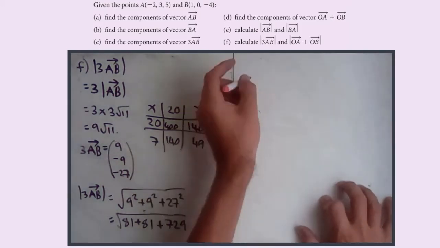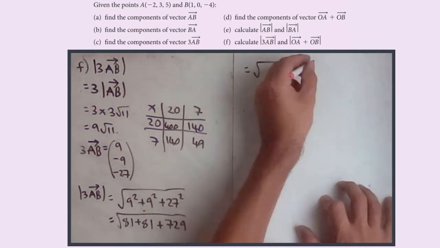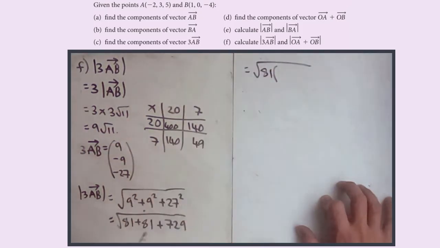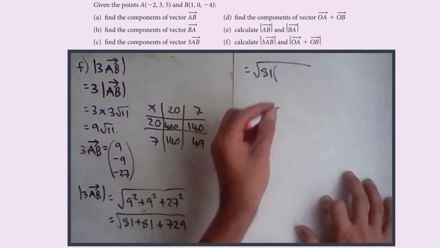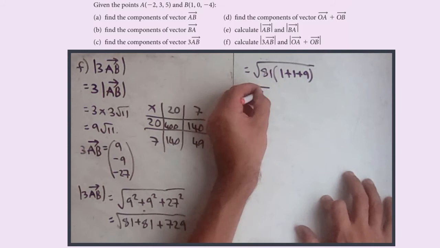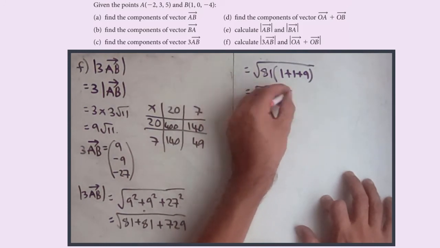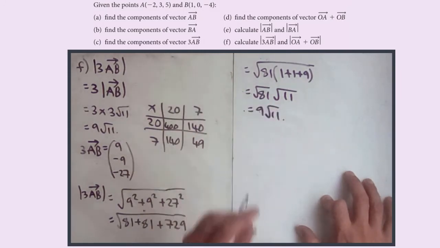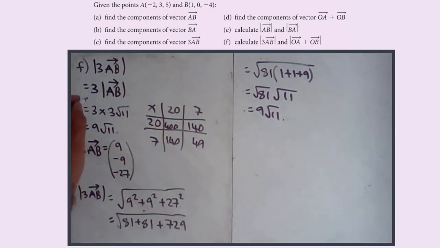So I can pull an 81 out of this, equals the square root of 81 times 1 plus 1 plus, and we just said it was 9 81s, so 1 plus 1 plus 9, so that is root 81 times root 11, which equals 9 root 11. But you can see a clear argument for just remembering this here, because that was a lot quicker and a lot easier.